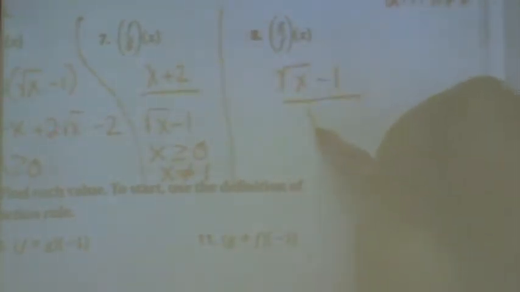For the next one, g over f, we're going to have square root of x minus 1 over x plus 2. For this one, the domain is, there's nothing to cancel. For this one, you can't have a negative 2 in the denominator. So all real numbers, and since you can't have the square root of a negative number, x has to be greater than or equal to 0.